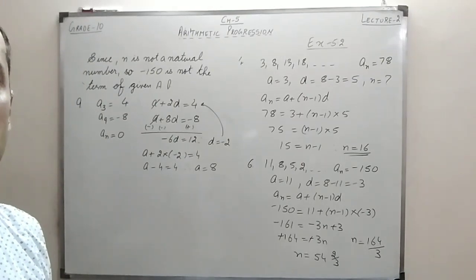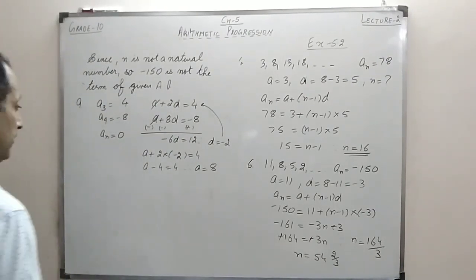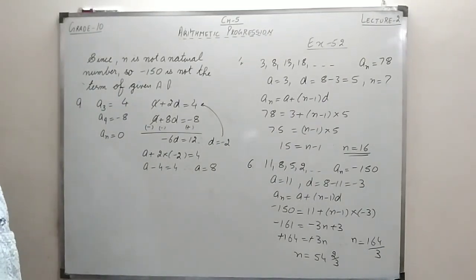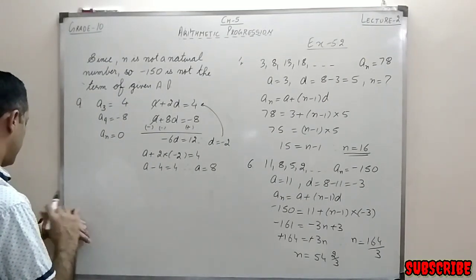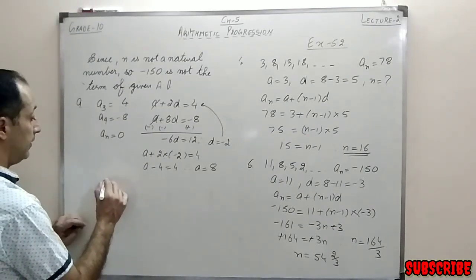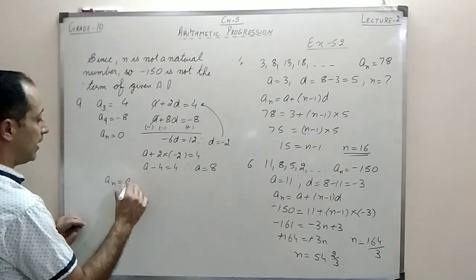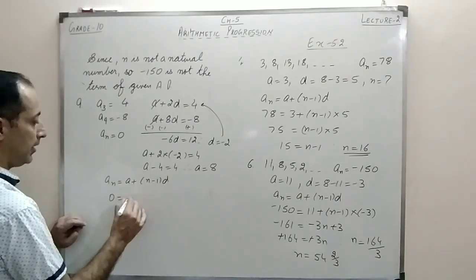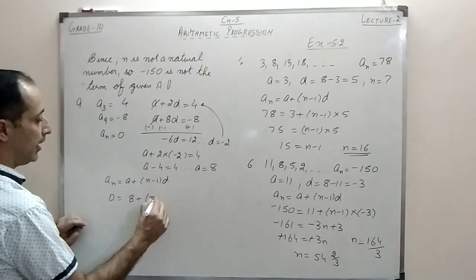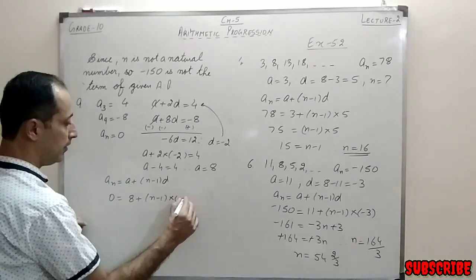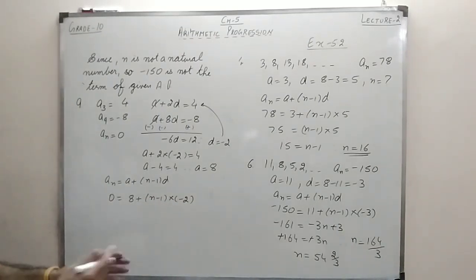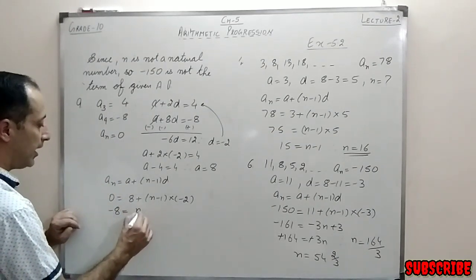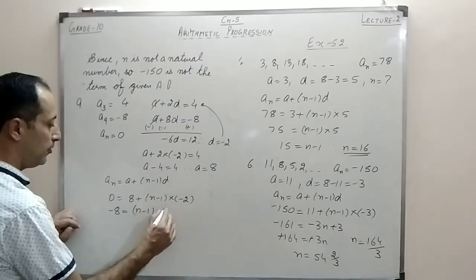So what I have to do now is just find the value of n. I write an equals a plus n minus 1 into d. So 0 equals 8 plus n minus 1 into minus 2. I shift 8 to the left side, this is minus 8 equals n minus 1 into minus 2.